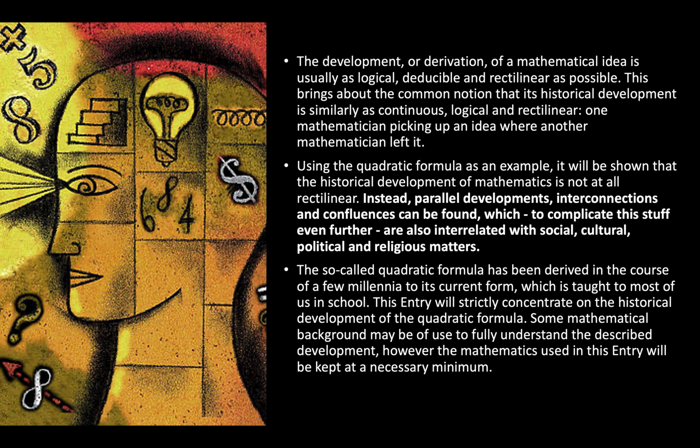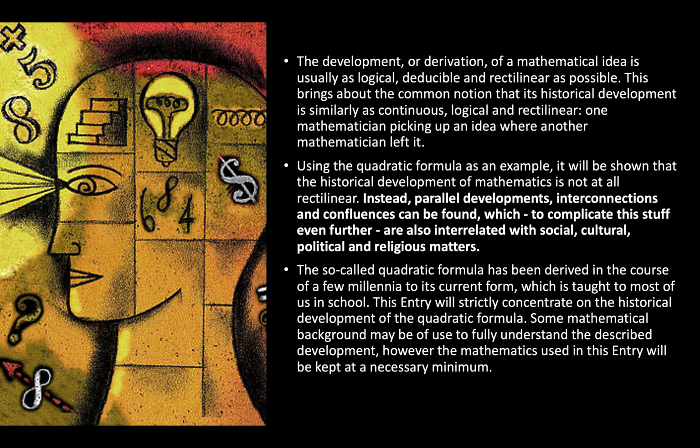The development or derivation of this mathematical idea is usually as logical, deducible, and rectilinear as possible. This brings about the common notion that its historical development is similarly continuous, logical, and rectilinear, one mathematician picking up an idea where another left it.